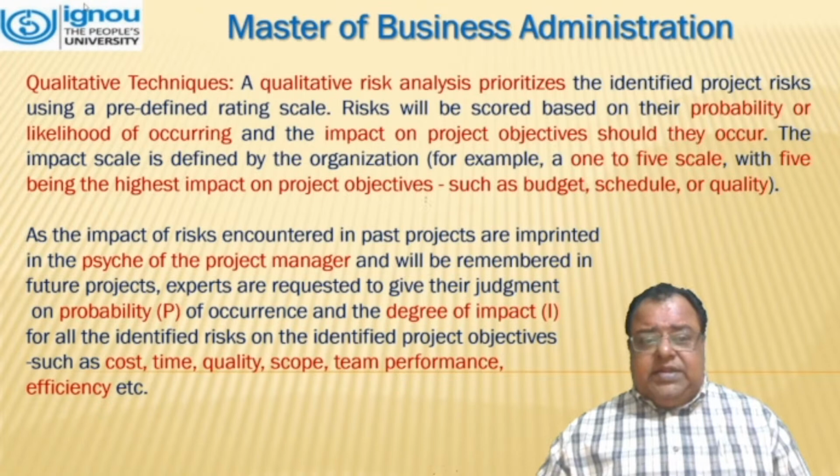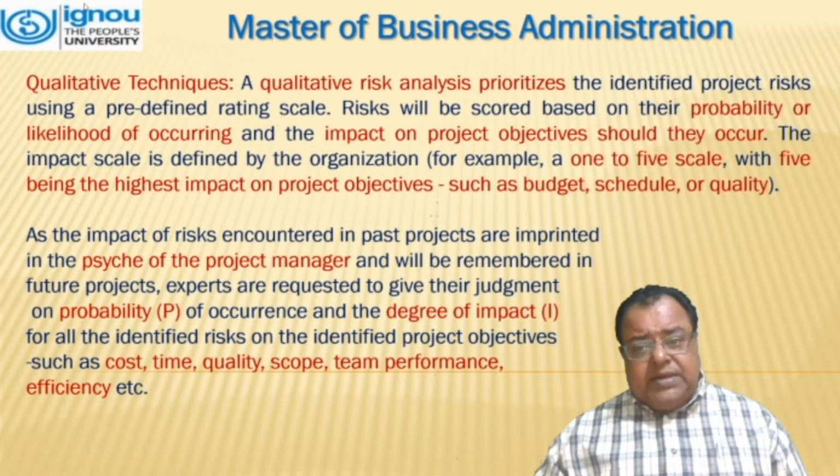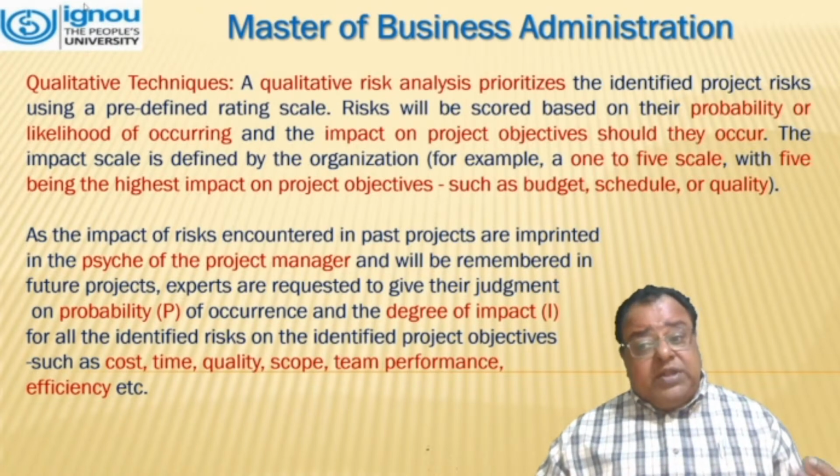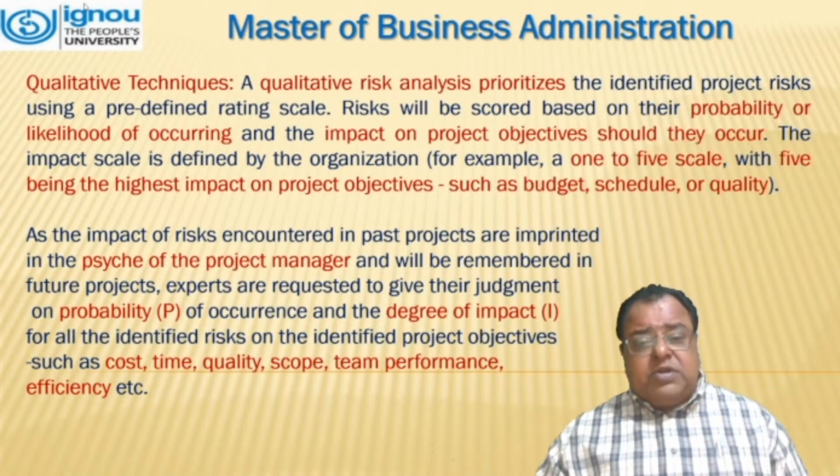Qualitative techniques. A qualitative risk analysis prioritizes the identified project risks using a predefined rating scale. Risks are scored based on their probability or likelihood of occurring and the impact on project objectives should they occur.